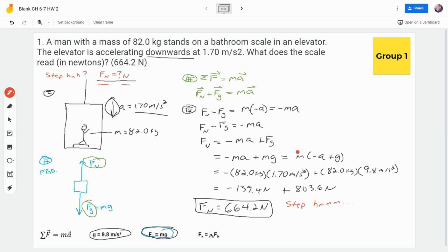We're just not used to measuring things in newtons. So you don't have very much day-to-day experience measuring forces in newtons. So you just have to trust me that this is a sensible answer for a normal force. So there you go. The normal force ends up being 664.2 newtons. So hopefully you found that helpful.